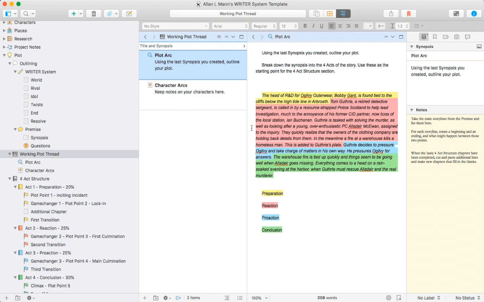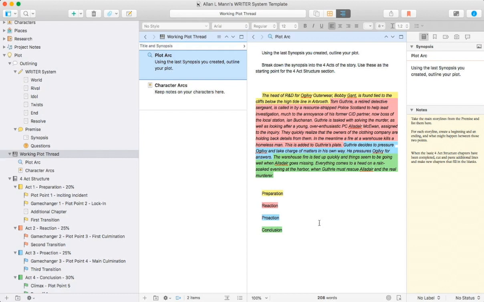The plot arc, what I've done is I've copied and pasted that one synopsis. And again, I've just color coded it just so you can more easily see what we're talking about here. So again, use this last synopsis you've created, outline your plot. Break that down into the 4 acts of the story.